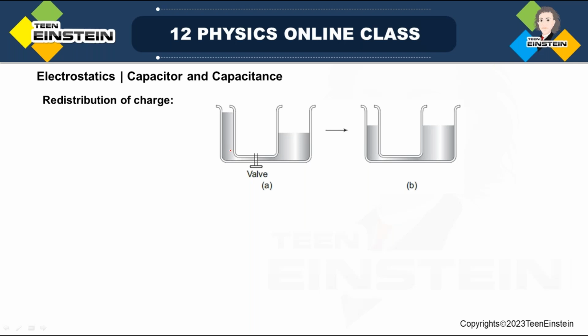First I have picked up an example or comparison of how charge redistribution happens. You can see this is a container which has two arms. One is this narrow arm, and the volume of the other one is larger. These arms are connected through this valve.